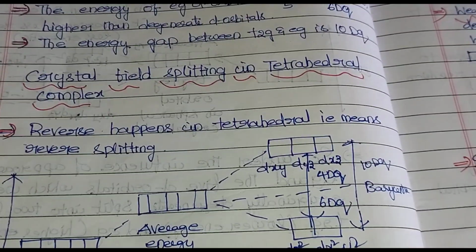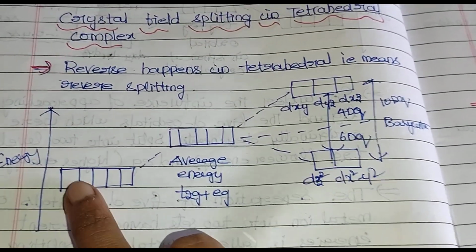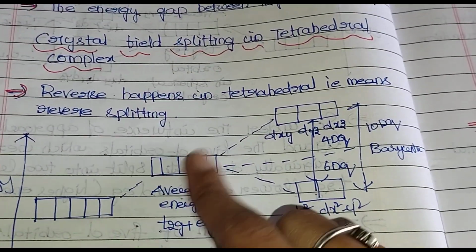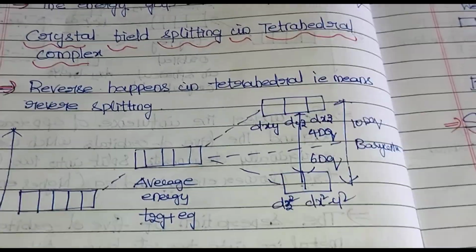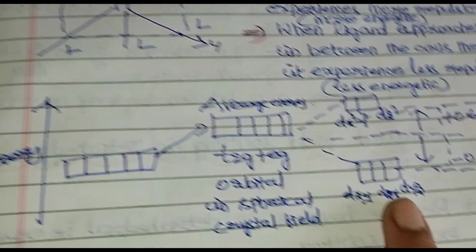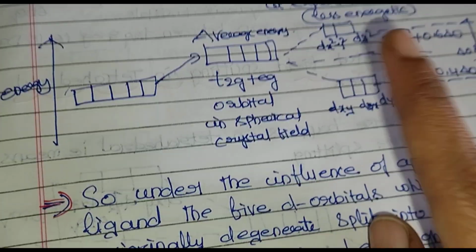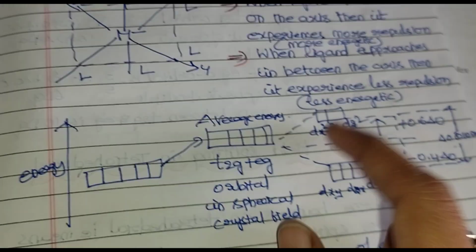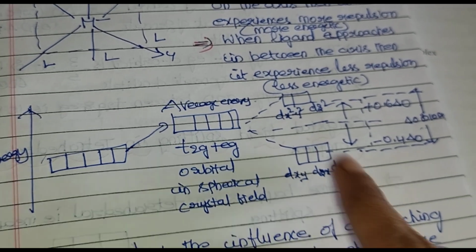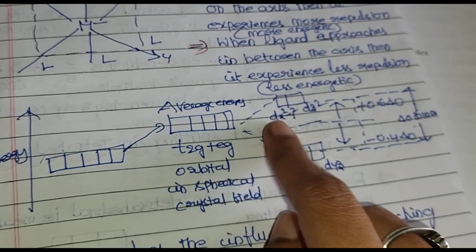In octahedral complexes we saw the 5 d orbitals raised to the average energy and then split. Lower will be t2g and higher will be eg. That means dxy, dyz, dzx will be lower, and dx square minus y square, dz square will be up.